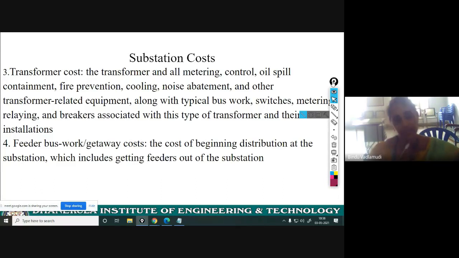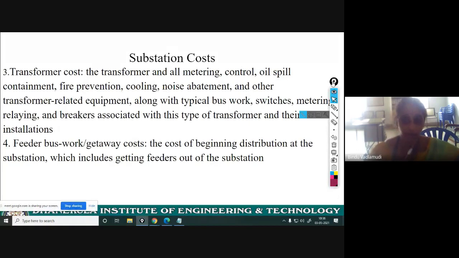And the fourth one is feeder bus work or gateway costs. The outgoing lines from the substation to transmit the power are known as the feeders, and the installation cost involved for the feeders comes into the group of feeder cost.